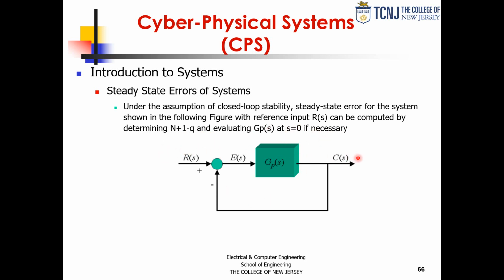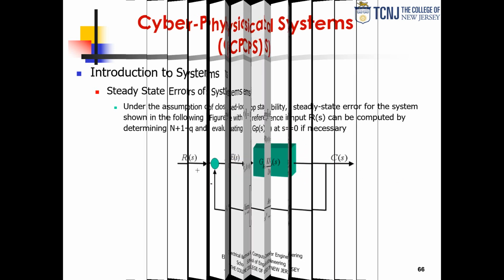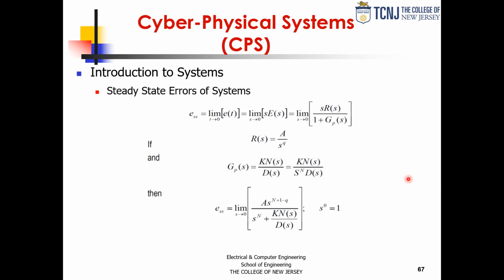So this transfer function is the open loop transfer function. And analytically, for a system like that, the steady state error is computed this way. So the steady state error in the time domain is the limit of the error expression.